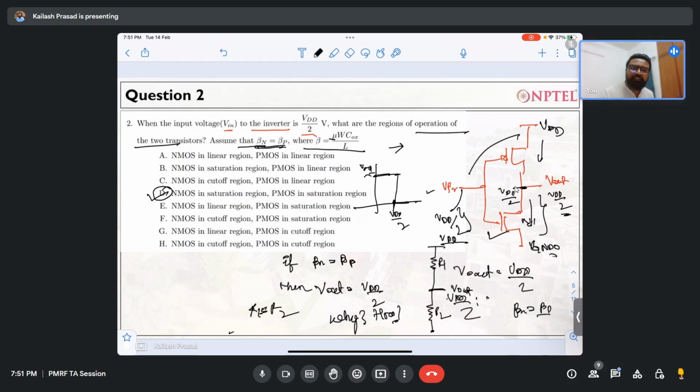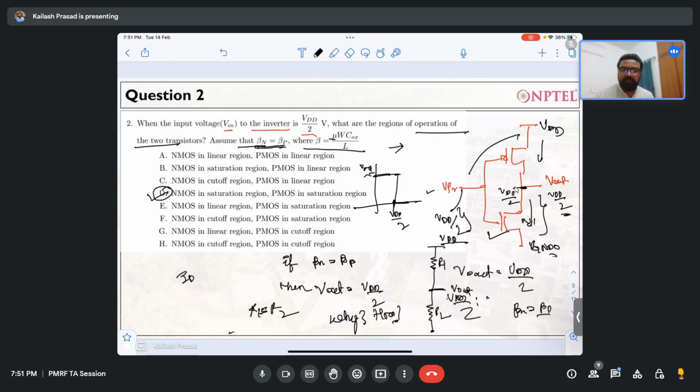And that is the reason whenever you design an inverter, we make sure that the beta of the NMOS and PMOS should be the same. We will equate this in the next couple of questions. But yeah, that is one of the reasons behind that. So why should the beta be the same?